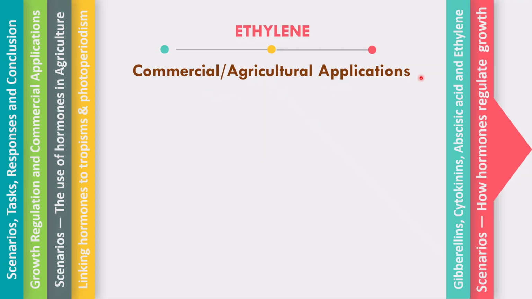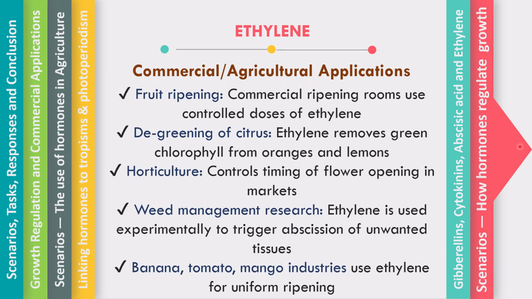Commercial and agricultural application of ethylene. In fruit ripening, commercial ripening rooms use controlled doses of ethylene. Degreening of citrus: ethylene removes green chlorophyll from oranges and lemons.